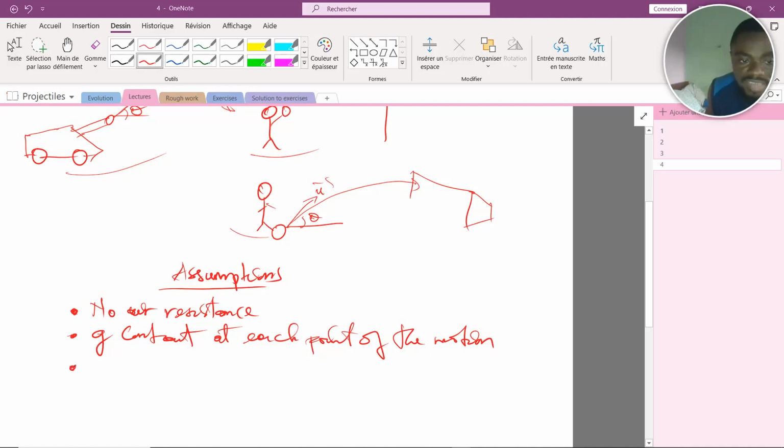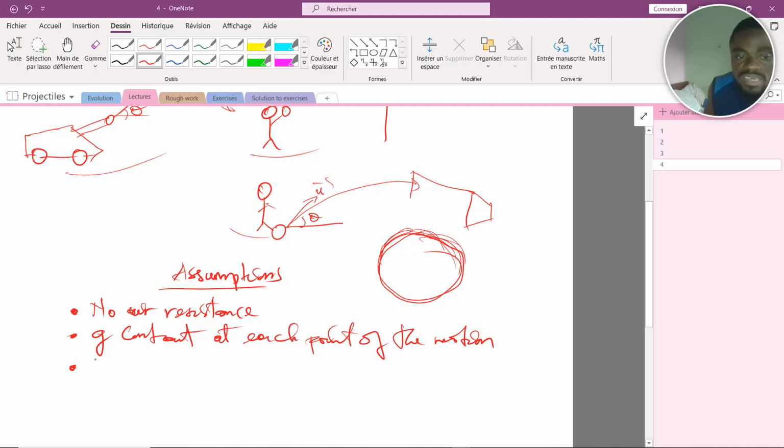And the last assumption is that we assume that the effect of the curvature of the earth, because the earth is a spherical body, so it has a certain curvature. You understand?